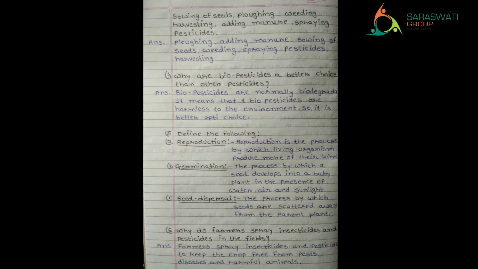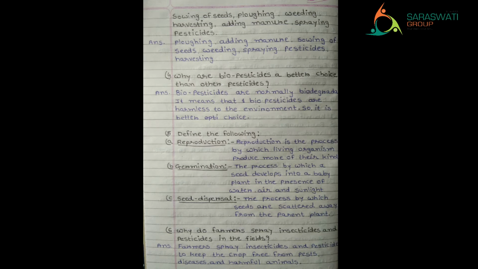The crops have started to grow, so they are to be protected from different insects and pests. So for that, medicine has to be sprayed. So spraying of pesticides is the next step. And the last one is harvesting. Clear? Okay, now we are moving to the fourth question.